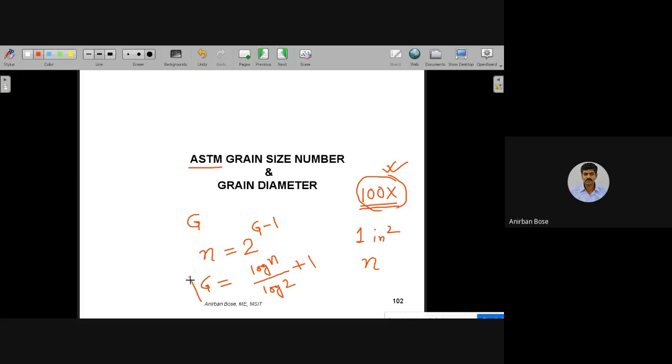So this is the simple definition of the ASTM grain size number, where n is the number of grains observed under 100 magnification in a 1 inch square area. That you have to remember. In this way we can find the ASTM grain size number.